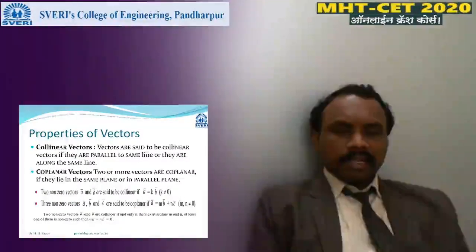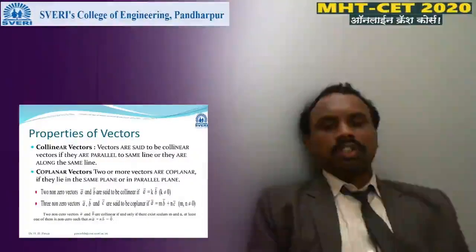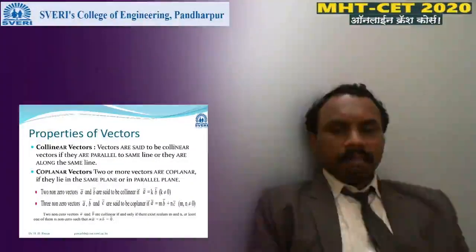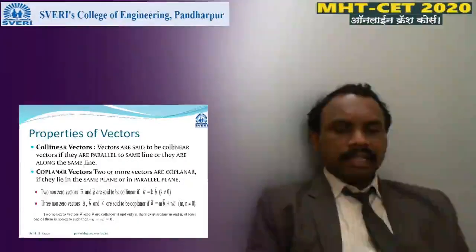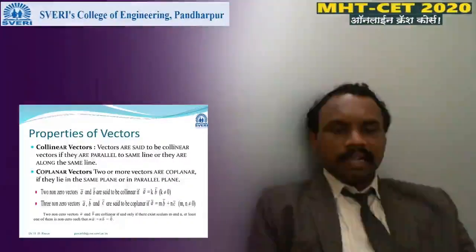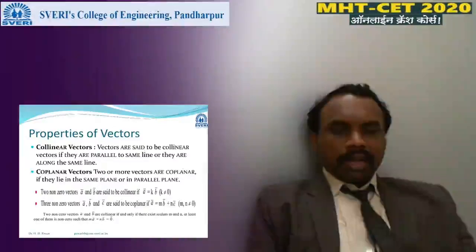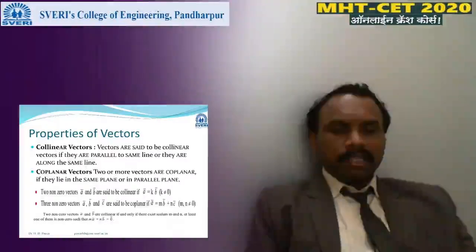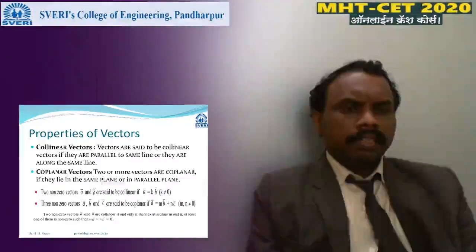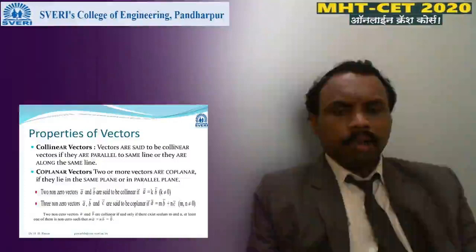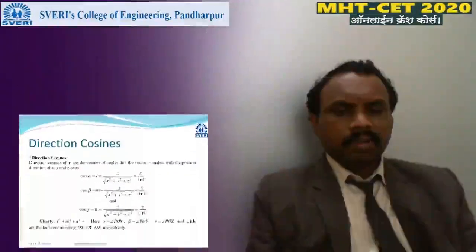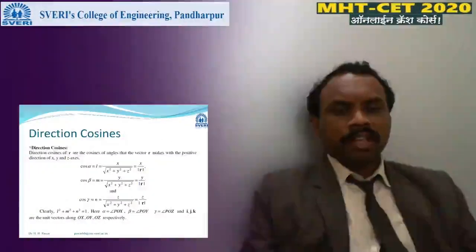Also remember the condition that two non-zero vectors a bar and b bar are collinear if and only if there exist scalars m and n, at least one of them non-zero, such that m a bar plus n b bar is equal to 0. Next we will see an important property, direction cosines, in this chapter.